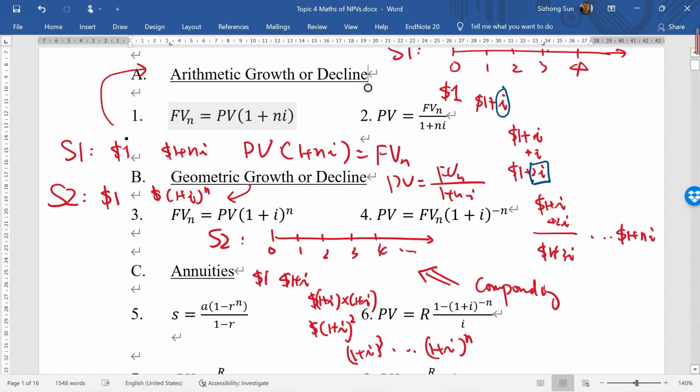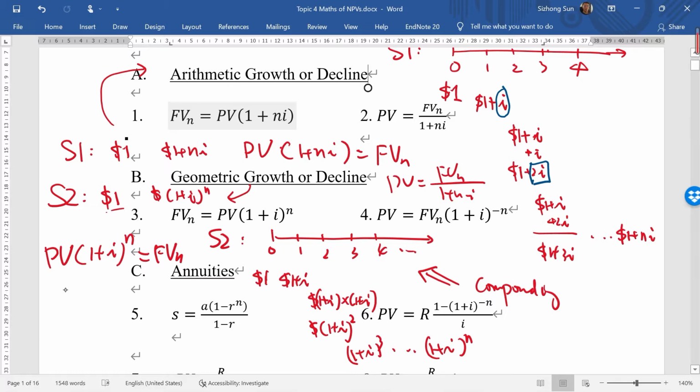In contrast, for geometric growth or compounding or decline, the present value, which is $1, times (1 plus i) raised to the power n is equal to the future value in year n.